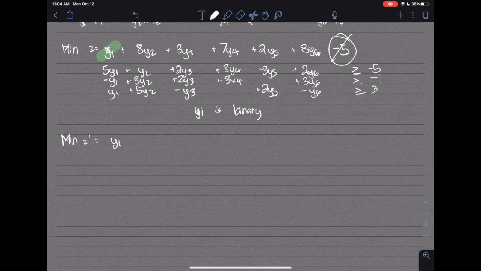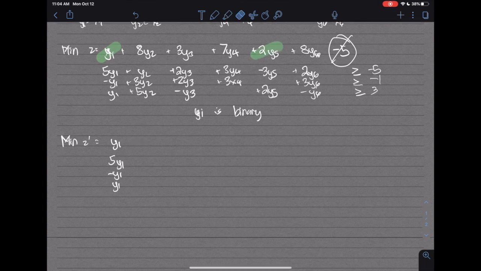Then I like to rearrange the constraints also so that it follows the arrangement of the objective function, just so that when I do the branch and bound later, it will be a lot clearer. So that's 5y1 minus y1, y1. Next is y5.